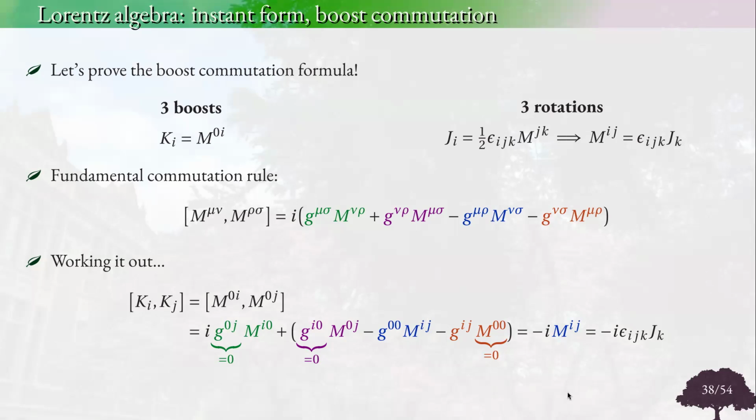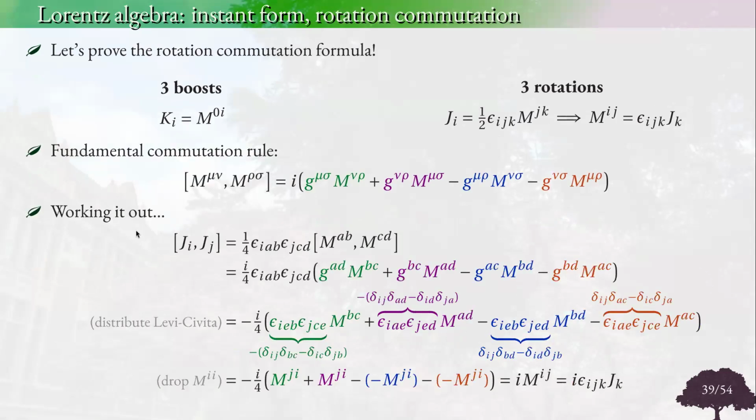So you are left with just two infinitesimal boosts turning into an infinitesimal rotation, and you end up getting the correct minus sign as well. You can similarly prove the rotation algebra formula from the more general rule. This is just a sanity check that your more general rule reproduces the known commutation rule for rotation generators.